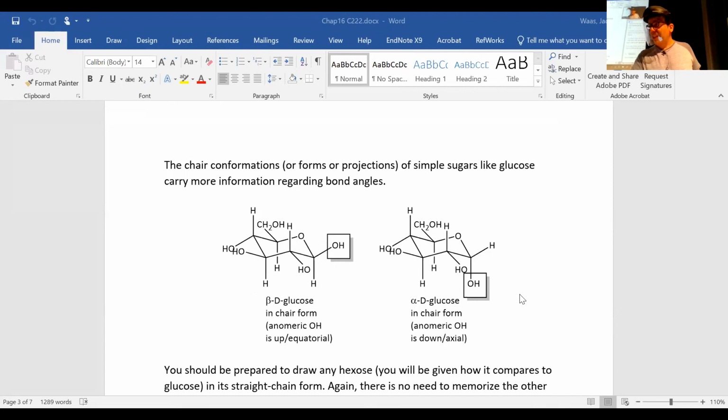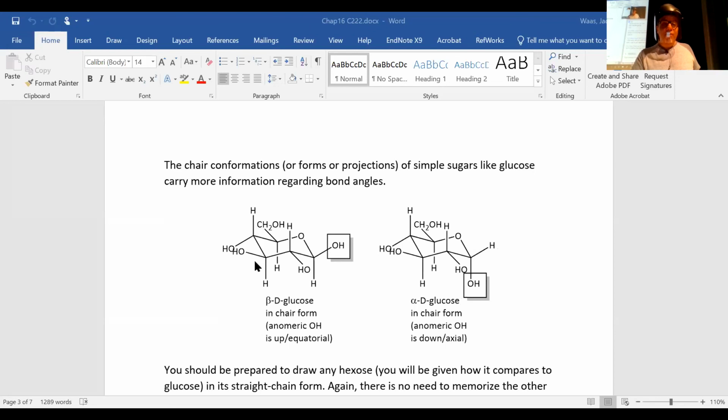One last thing I'll end with, which I'm entirely certain is a coincidence, but it certainly is a very happy coincidence, which is, look at where the OH groups are, and also the CH2OH group, which is carbon 6. You will notice that all of these other OHs, except for the anomeric one, can vary. That can be either up or down, and therefore either axial or equatorial.